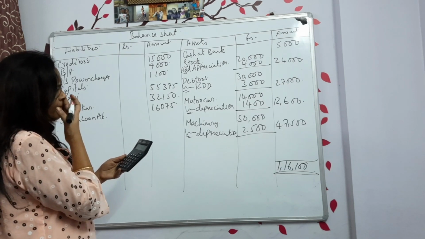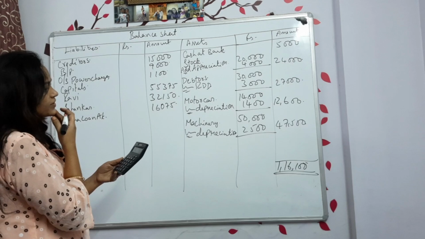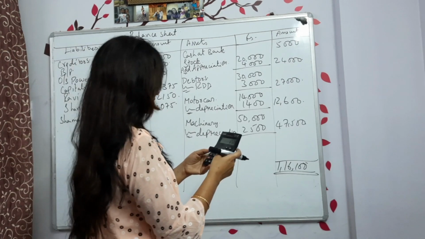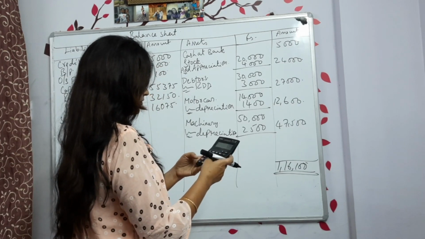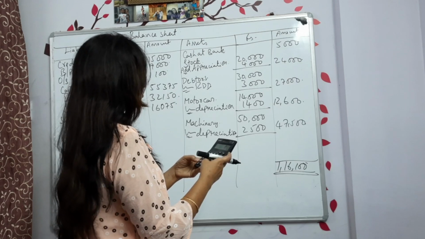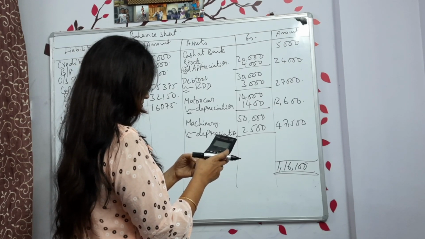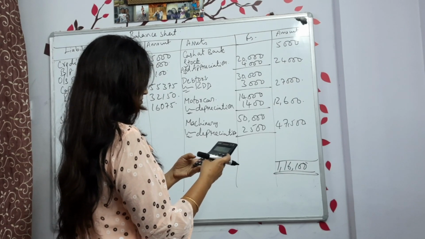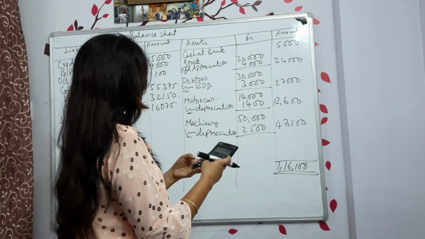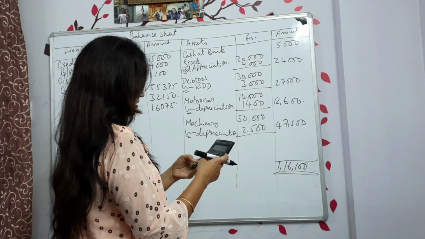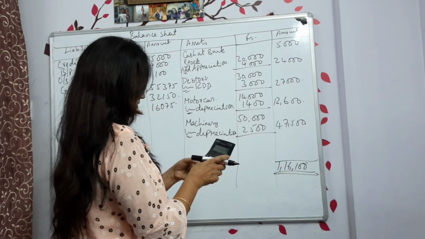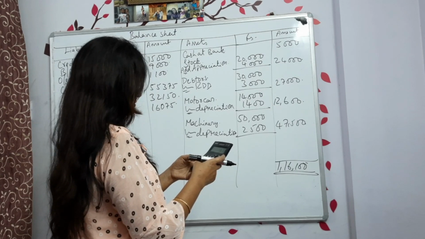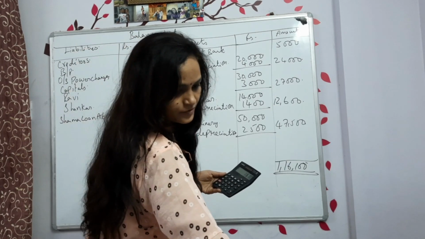Something is missing. Which one did I leave? 12,600 is the exact amount. I will cross check the total once again. 5,000, 24,000, 27,000, 12,600, 47,500. 1,16,100 only. So which one have we left?